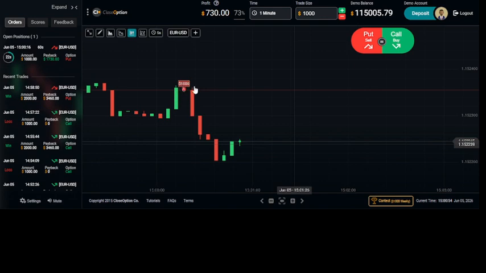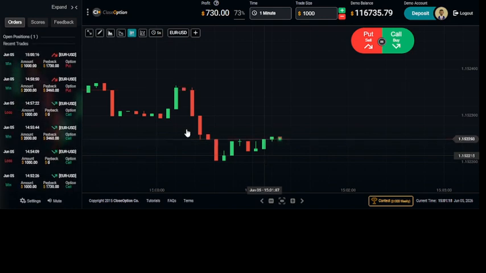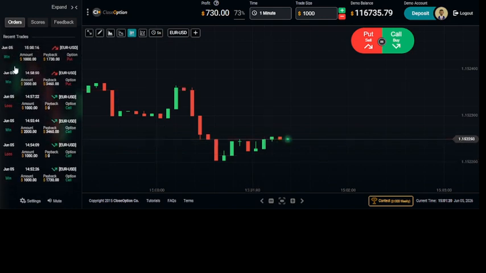This is the entry point right here. Okay, great. So that trade was in the money. So I'm going to end the trading session here.